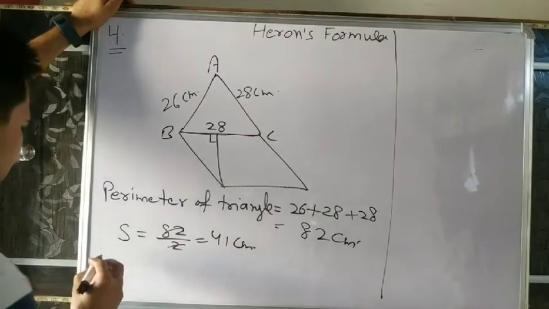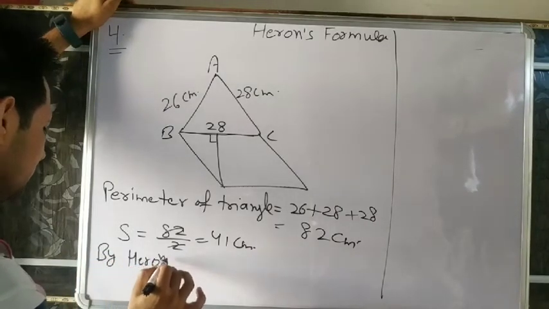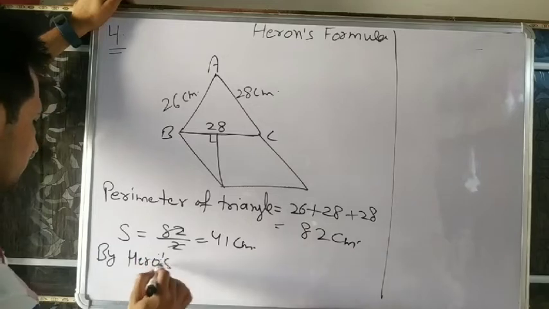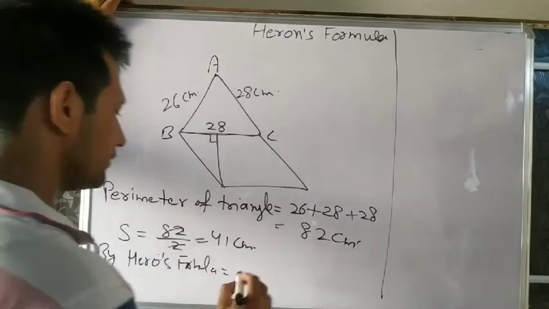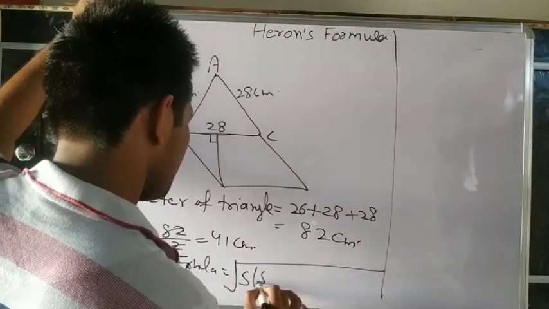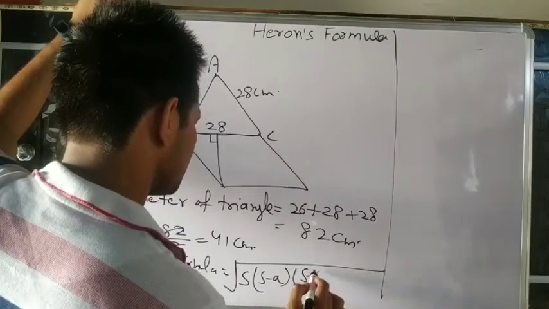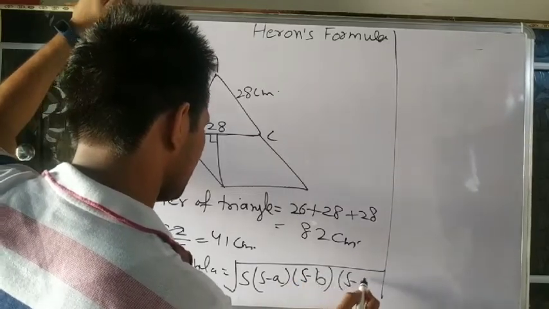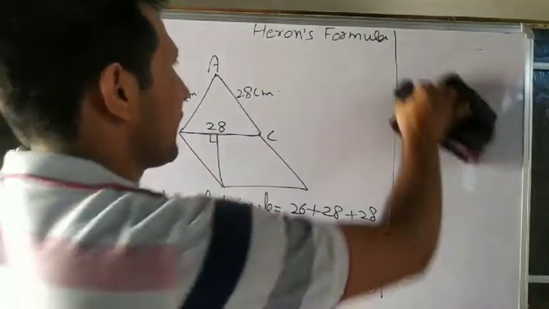To find it by Hero's formula, what is Hero's formula? Under the root S into S minus A, S minus B and S minus C. Understand? So we will find the area of the triangle now.